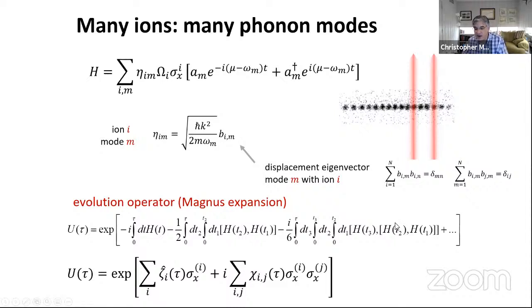And let me remind everybody that the reason the expansion terminated is that third and higher order commutators vanish, because the pieces of the Hamiltonian that don't commute, a and a dagger for a given mode, commute to a c-number. So the higher order commutators just vanished. Okay, that's the hint. I'm just going to leave it.